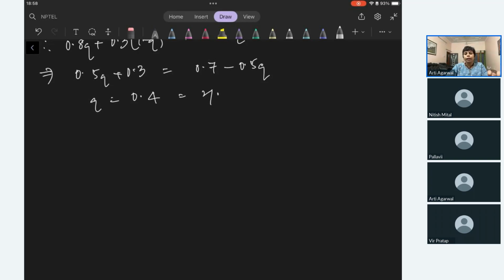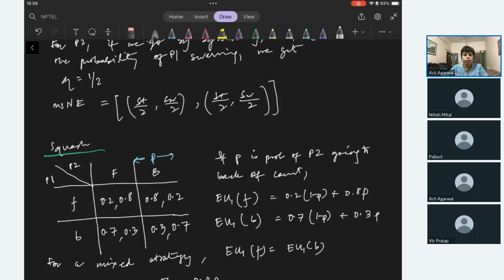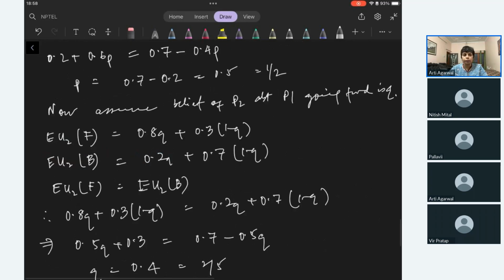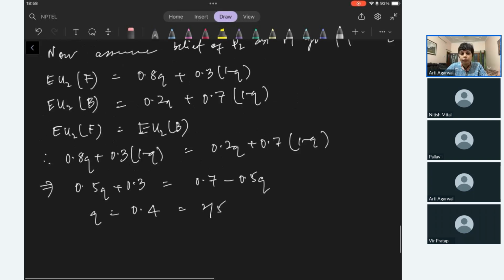So you see, this time it is not the same answer. Q and P are different values. So I would encourage you to also solve these questions so that you can go through the exercise of figuring out how you calculate the mixed strategy. So in this case, we're getting a separate answer. We'll get a different best response scenario, you can say, for MSNE.